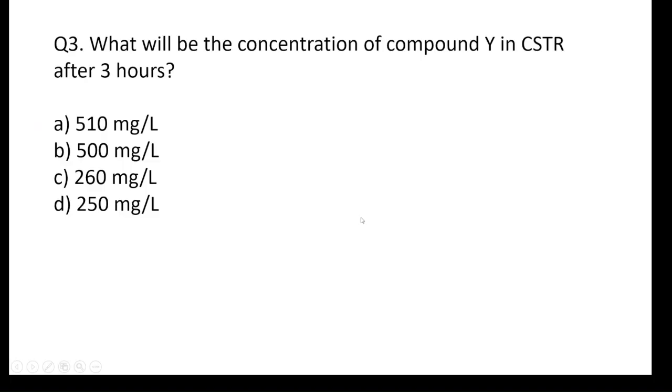Solve this question. You can answer in the chat box when you are done, and then you can match with the solutions that I'll show.